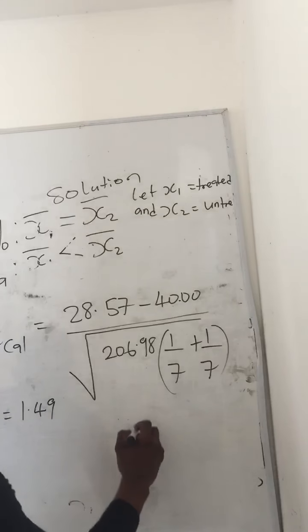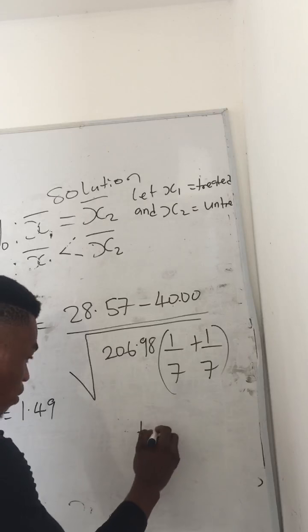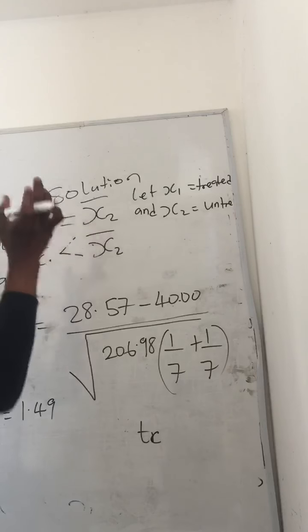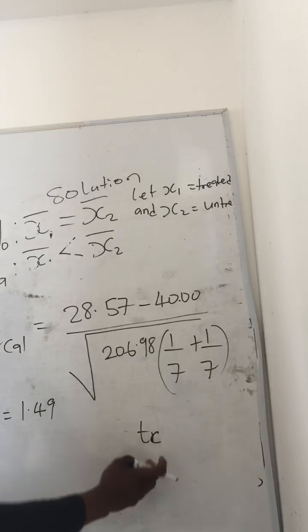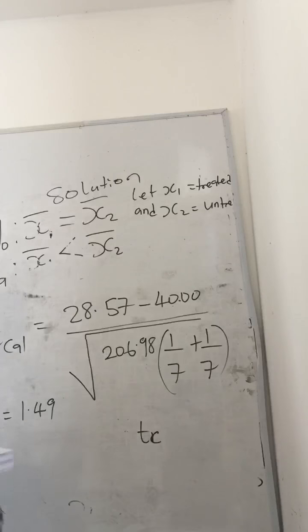So in our last video, we said that we have a critical value that we compare the test value to, and if the test value is greater than the critical value, we reject the null hypothesis. And if the test value is less than the critical value, then we fail to reject the null hypothesis.